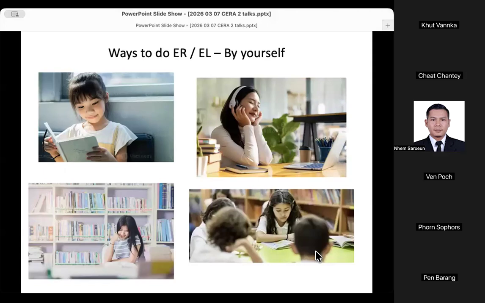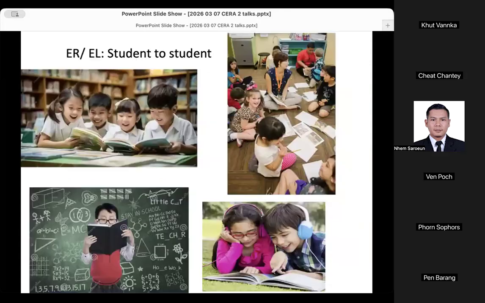So there's different ways the students can read. One of them is they just read by themselves, or they can read and listen. Yeah, this is very beneficial for websites like X Reading because you can do not only extensive reading, you can also do extensive listening as well, right? So the students would just read by themselves. So you organize the class time for them just to read. Another way you can do this is students reading to students or students reading, sharing books together.